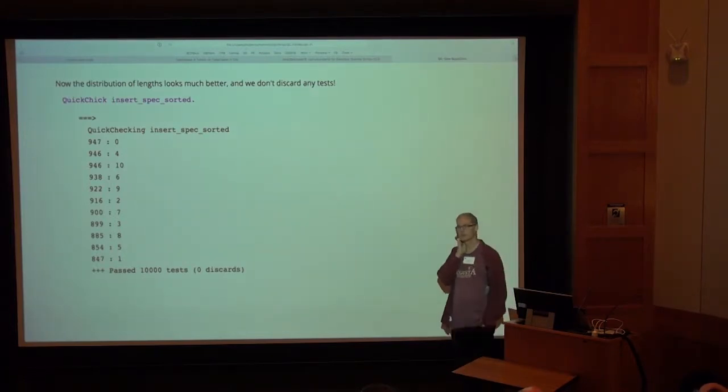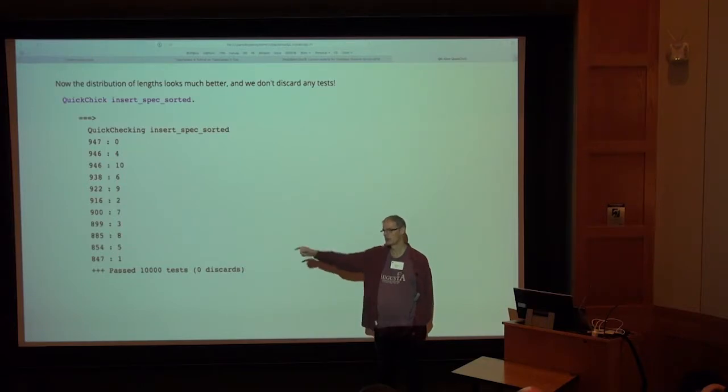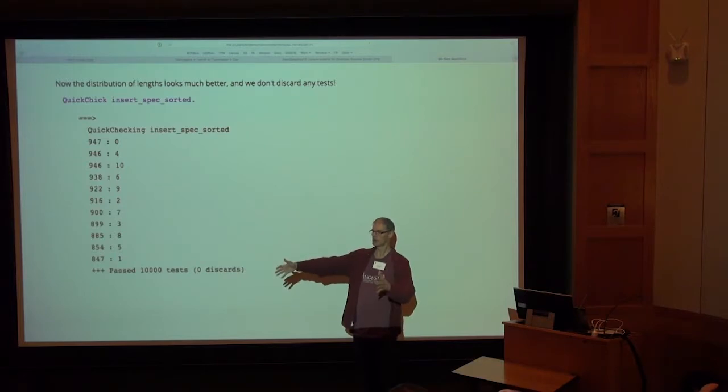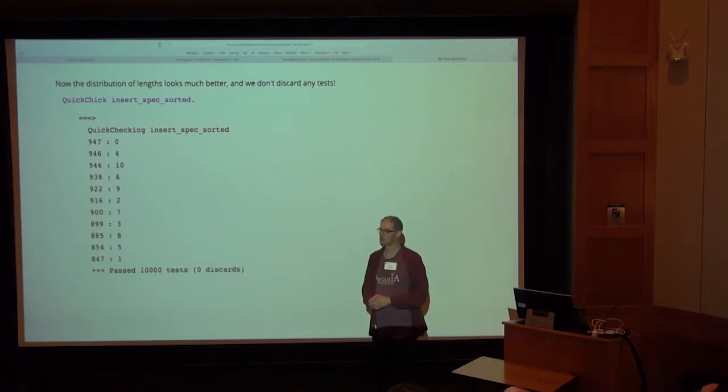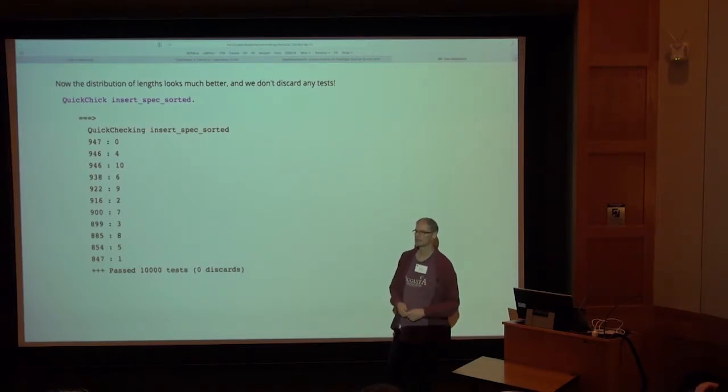Custom shrinkers are an interesting topic, but of course it doesn't matter here if we discard quite a few of the shrunk tests because we shrink them to a non-sorted list, because the total number of shrunk things tends to be pretty small. So it doesn't really matter if we waste a little bit of time during shrinking by the shrinking function generating bad, not well-formed things and then throwing them away. So we just shrink and then test.